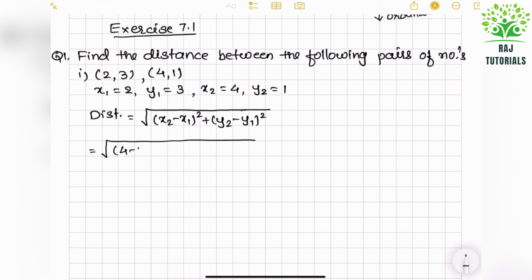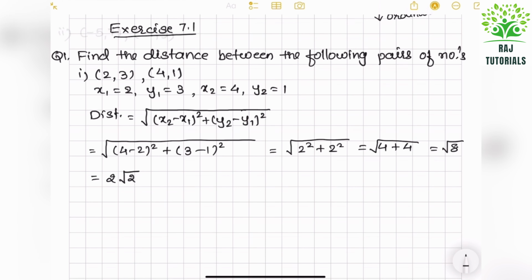So that will be x2 is 4 minus 2 whole square plus 3 minus 1 whole square. So that will come as 4 minus 2 will be 2 square plus 2 square. So 4 plus 4, root 8. So root 8, if I take it out in the 4, I take.